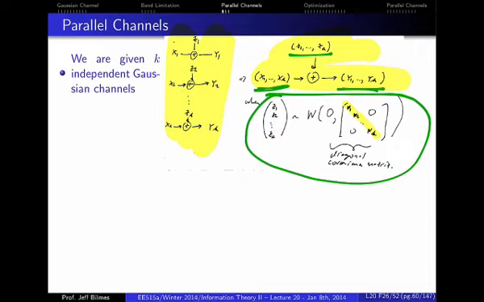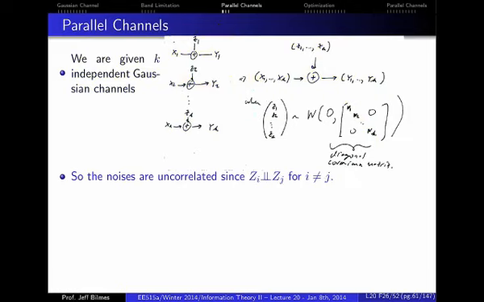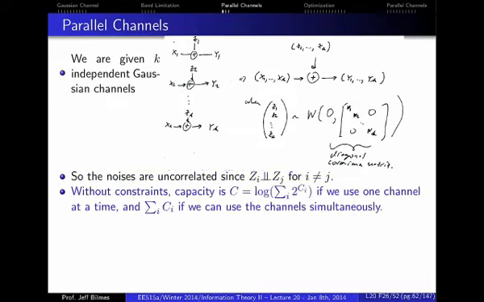Let's fully define this problem. The noises are independent and uncorrelated, so Zj is independent of Zi for i not equal to j. And if we're interested in just the capacity of this, it's actually fairly trivial.